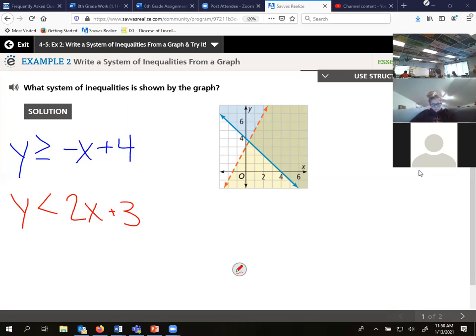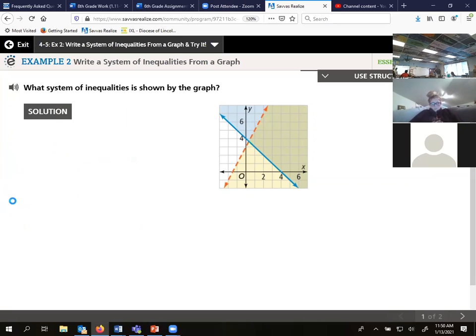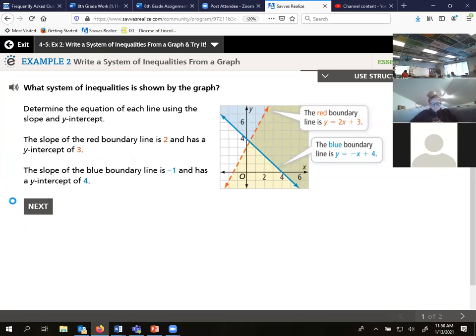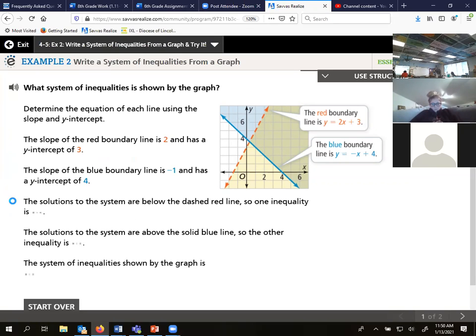That's all you have to do. Just write the inequality for both lines. You did it on the last lesson. Now you just do it twice in one problem. Okay, determine the equation of each line, and then they have the 2 inequalities.